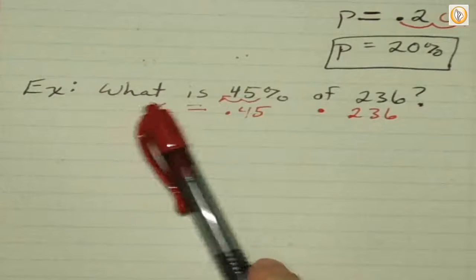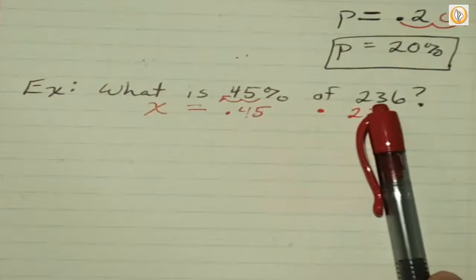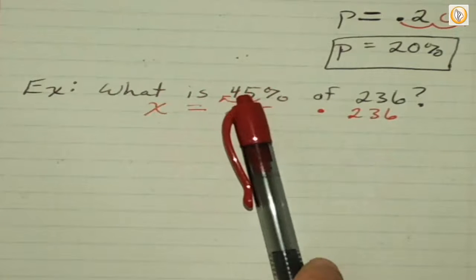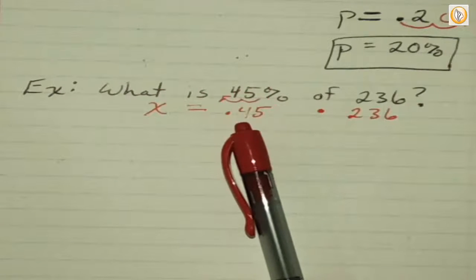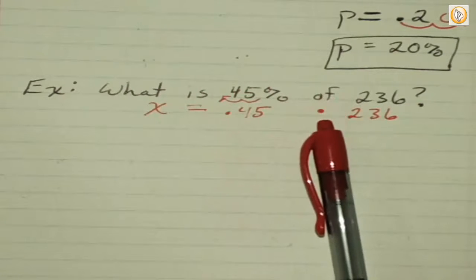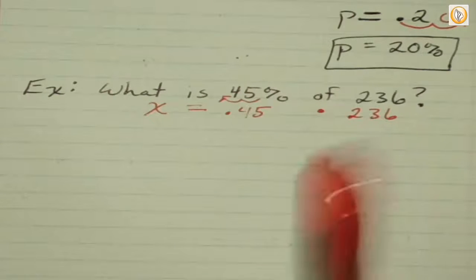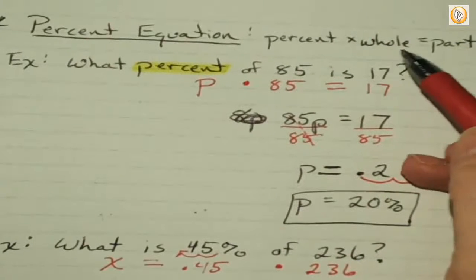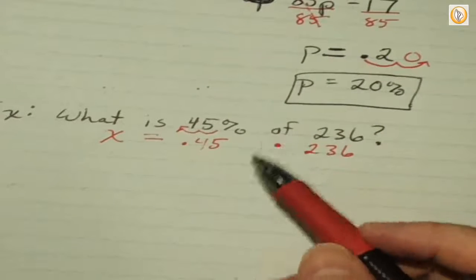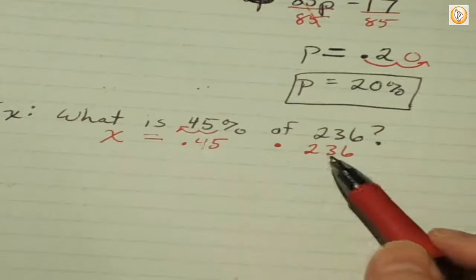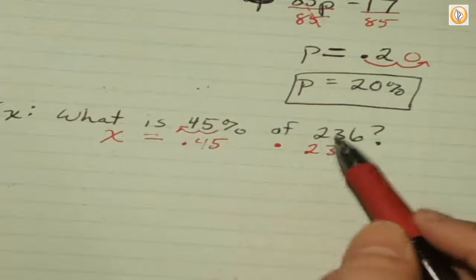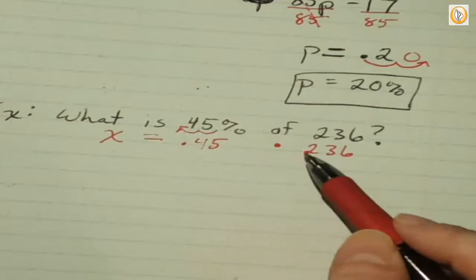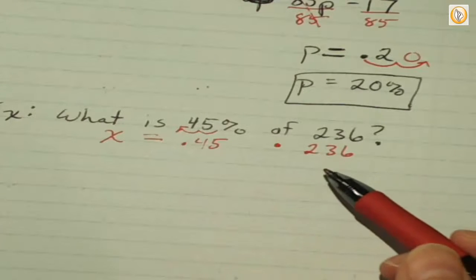Okay, so what is 45% of 236? Well, guys, if you know that is equals, you change the percent to a decimal, of is multiplication, and then bring that down. We can now solve it. If you can't remember percent times whole equals part, and you're like, man, I don't know if that's whole or part, write it down exactly how it's written, and you're good to go.